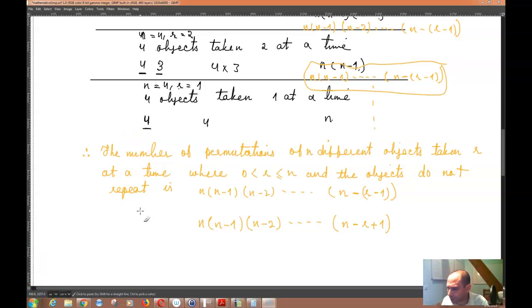Okay, so now basically the proof here is pretty simple.